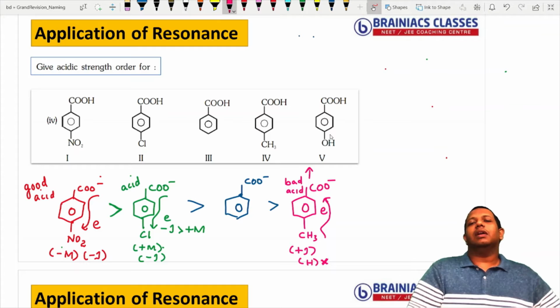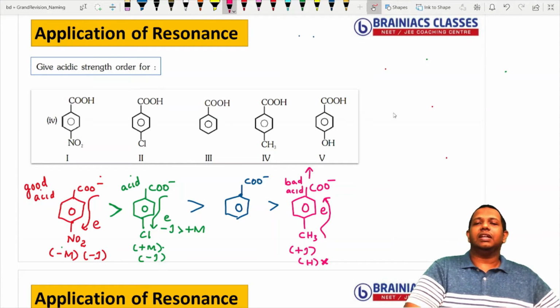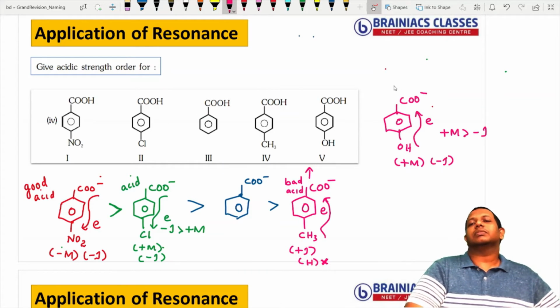Okay. Now comes the OH group finally. If the OH group is connected there, what will happen? Again you will have CO minus here. What effect does the OH group have? We know plus M effect and minus I, but plus M is dominant over minus I. So this will donate electron to here, making it a very bad acid.